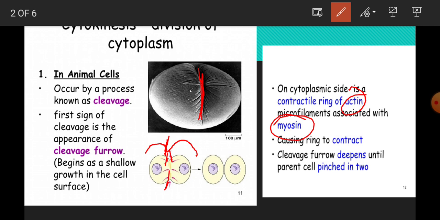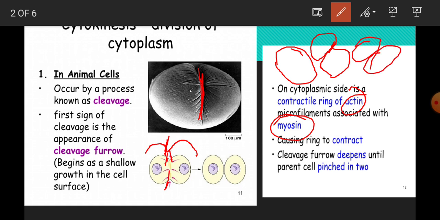So this is the cell, and from here the furrow arises. And after that, this furrow joins together and two cells form, and this is cytokinesis in animal cells.